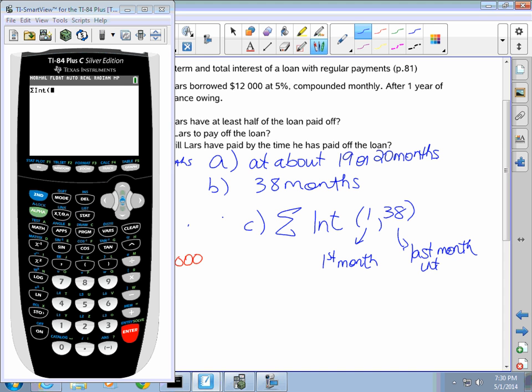I go 1, 38, bracket, enter, and it shows $975.66. So that's what you do to calculate the amount of interest that you've paid on a loan.